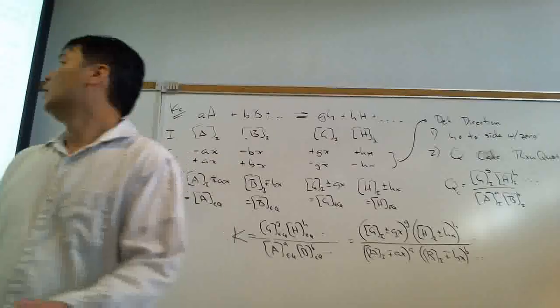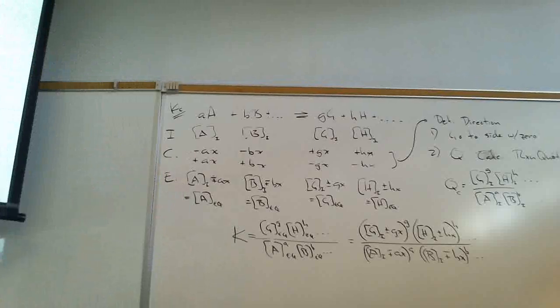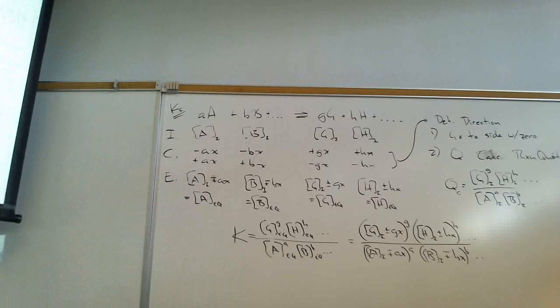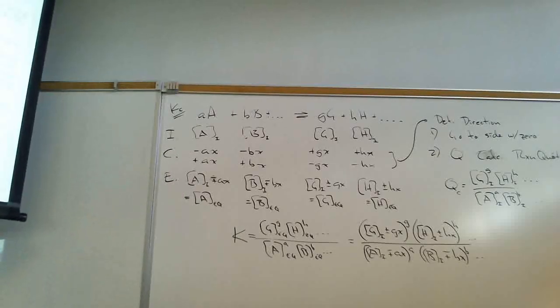All right, so let's see. We have the moles and we have the liters, so we can get the molarity of hydrogen. And so let's go ahead and do that. The molarity of hydrogen is 0.15 divided by 3.25. I need to bring my calculator in.